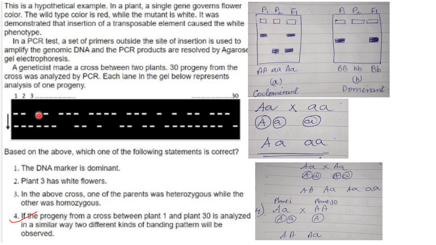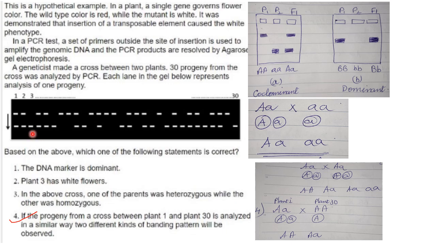So that is mutated, they are white, and the lower bands are red. The DNA marker is dominant? The DNA marker is not dominant. You can see both the bands, mutated as well as non-mutated. Then you have here only the non-mutated one. Then here you have the mutated one. So all kinds of progeny are seen here. So it is not a dominant marker.